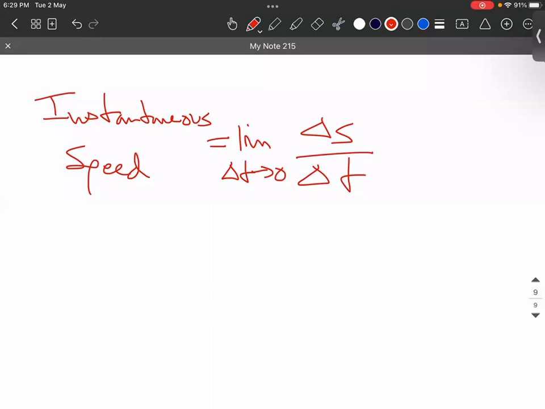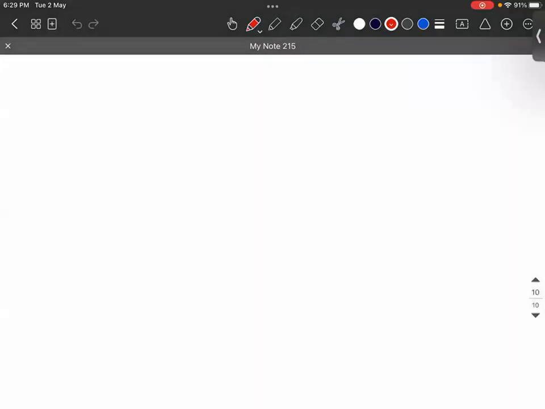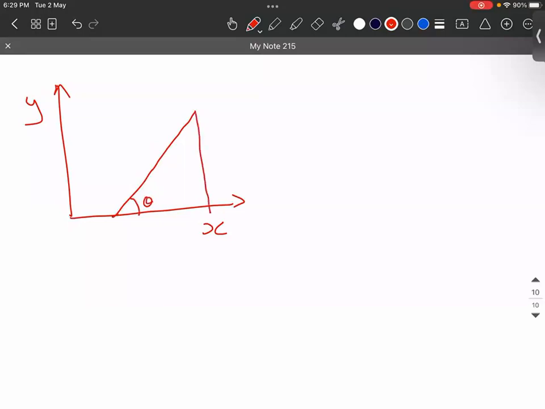Are you guys familiar with the concept of slopes? The idea is basically very simple. You know what a tan is? If I have a line like this, with this as my x-axis and this as my y-axis, and this is the angle theta, can you tell me what tan theta is?